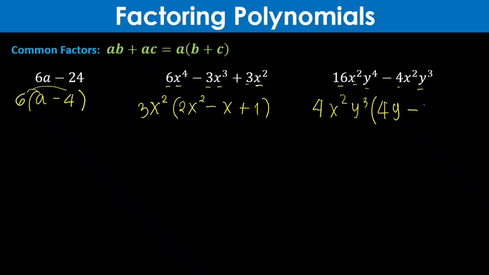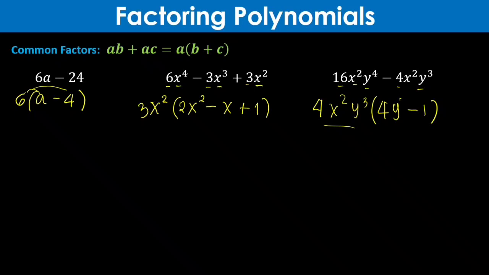For the first term, that leaves y, and for the second term, only 1 is left. If you multiply it back, 4 times 4 is 16, that's x squared, and y cubed times y, that's y to the 4th. If you multiply this one by negative 1, that gives you negative 4x squared y cubed.